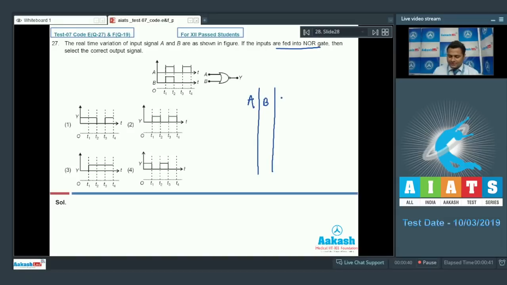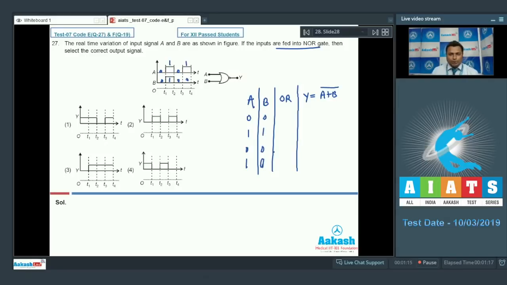So first let's try OR output, and then ultimately Y equals (A or B) complement. Input A, that is low 0, high 1. So input of A is 0 1 0 1, and for B it is 0 1 0 0.